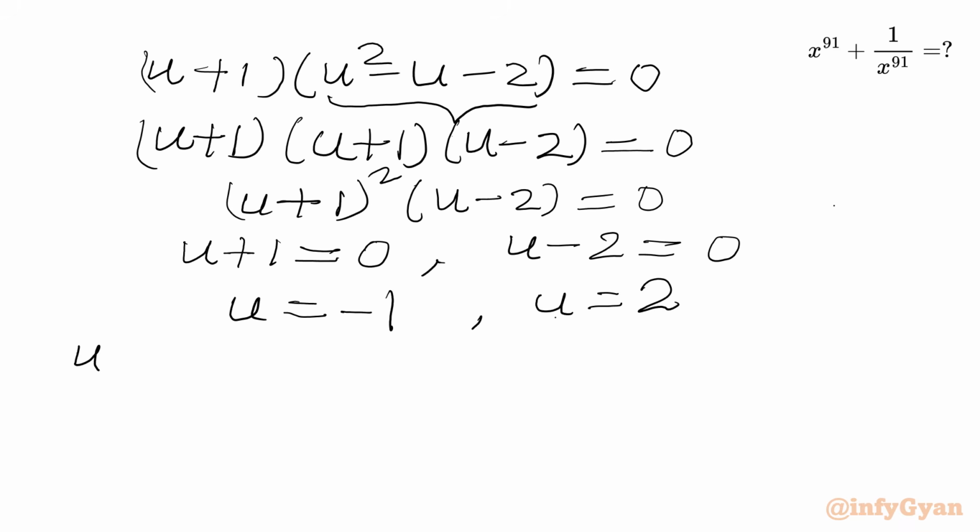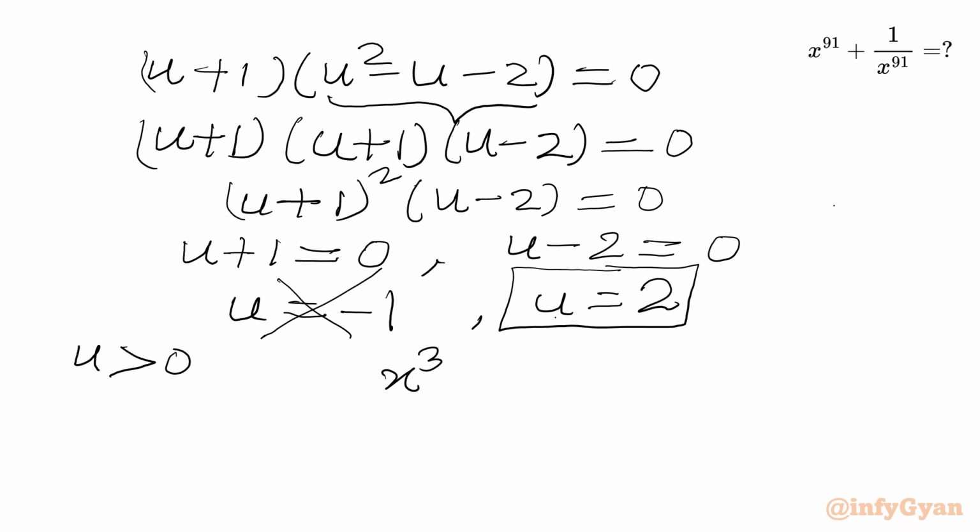So we have the condition that u should be positive. On this ground we will reject u equal to minus 1. So u equal to 2 would be accepted, and u was x cube plus 1 over x cube. This was u which is equal to 2.